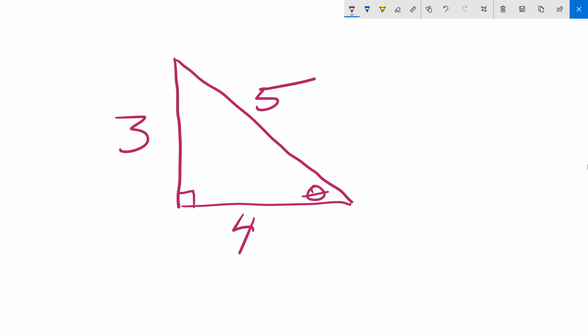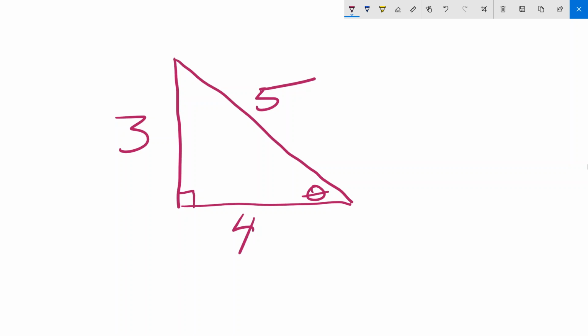Actually, you probably don't, because they've never focused on it until now. In other words, you're taught to recognize that you have a 3, 4, 5 right triangle, or multiples. It could be 30, 40, 50, or it could be 6, 8, 10. Okay, but you're never really taught about that angle.